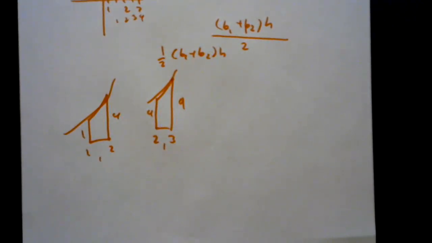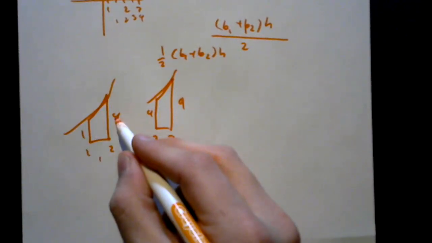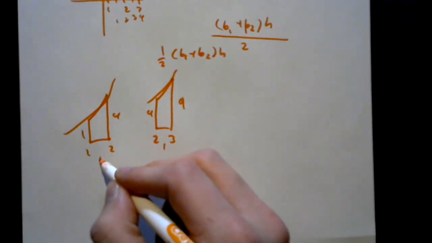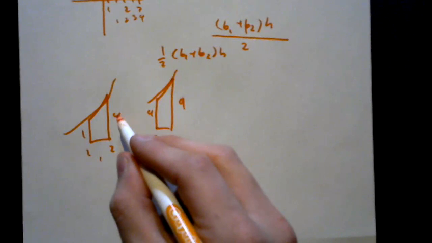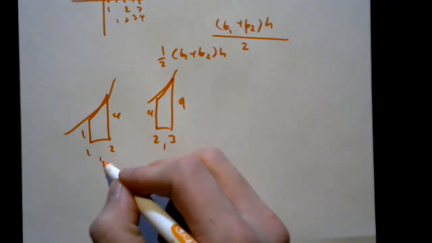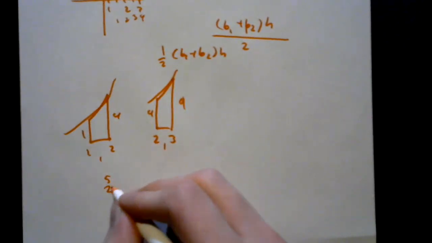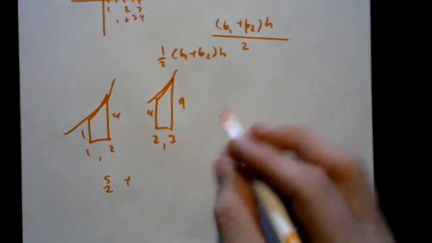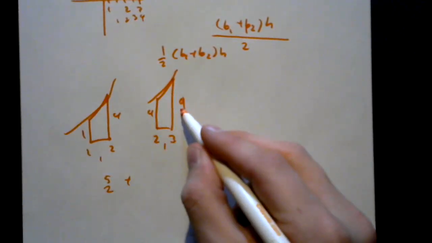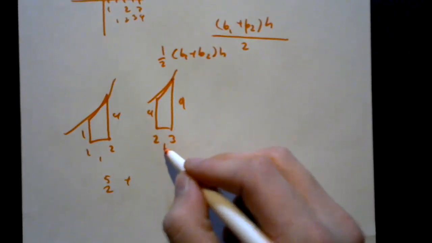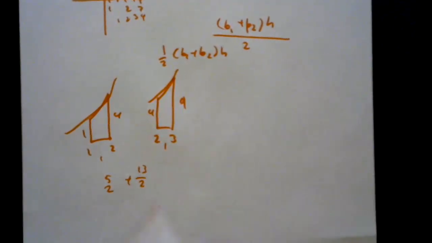So now knowing that, you add these two together, times the height, divided by 2. So 1 plus 4 is 5, times 1 is 5, divided by 2 is 5 halves, plus 4 plus 9, 13, times 1 is 13, 13 over 2.